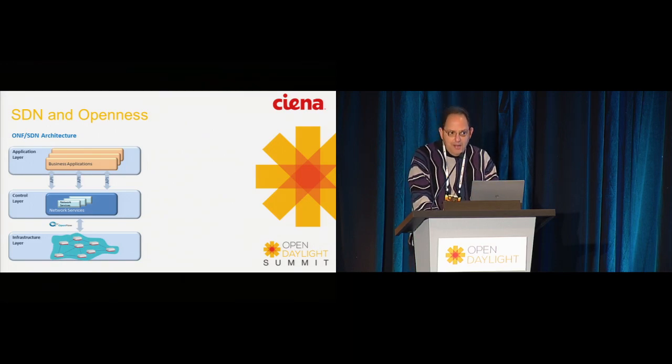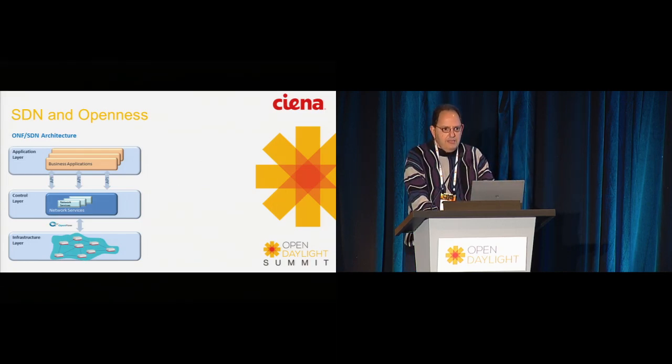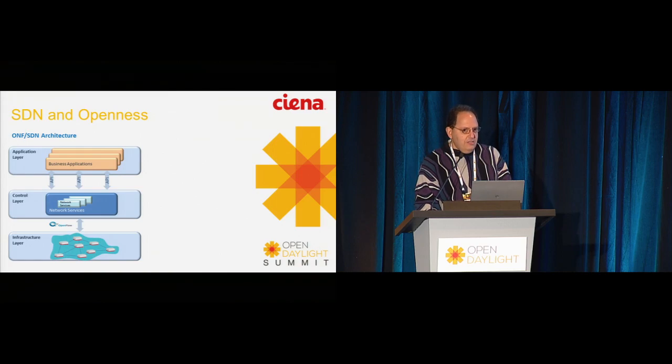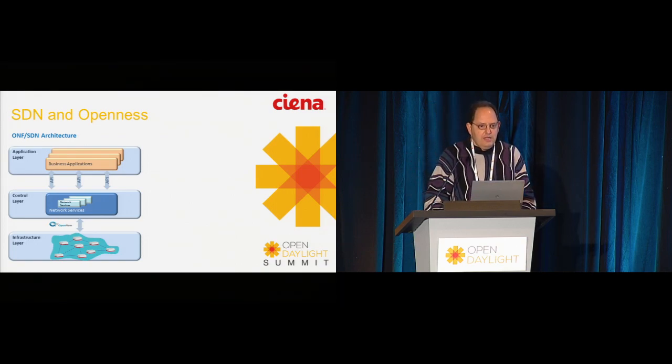We have a northbound interface. We heard at least 2 or 3 sessions on the northbound over the last 2 days that allows applications to access these SDN services. And that northbound interface is provided by the control layer.